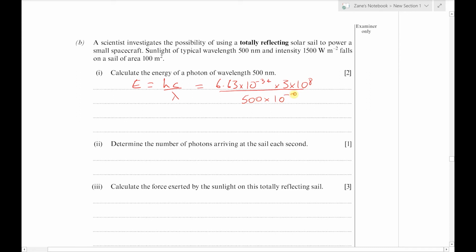We mustn't forget that nanometers is 10 to the minus 9. By the way, remember that this equation is not given to you in the data book, so it's one that you'll need to remember. Plugging those numbers into a calculator gives us basically 3.98 times 10 to the minus 19 joules.